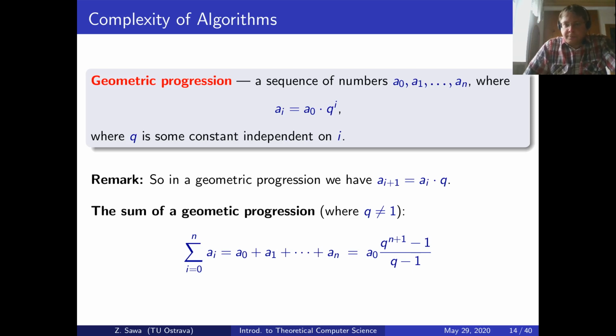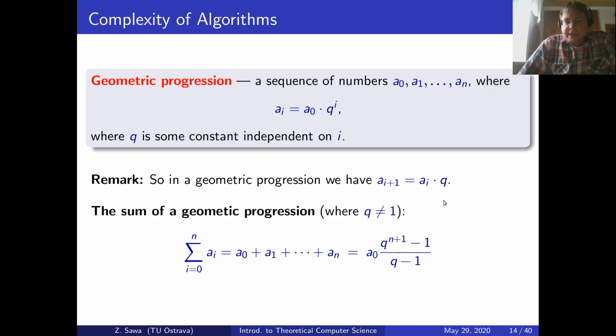And for geometric progression, again we have some finite sequence where each element ai is computed as a0 times q to i. So it means that the next element is always computed from the previous one by multiplying by some constant q.